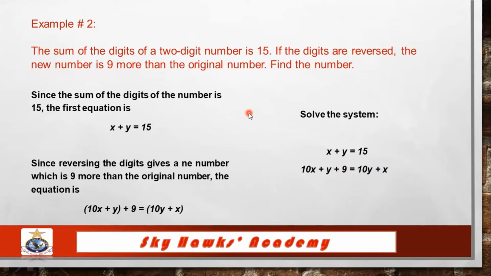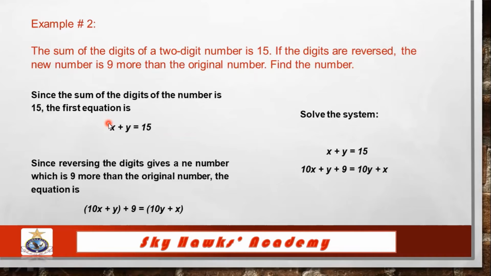The sum of the digits of the number is 15. It's a very important statement, really a key to the solution. You are just thinking about two digits, and immediately you will have to add the two digits.